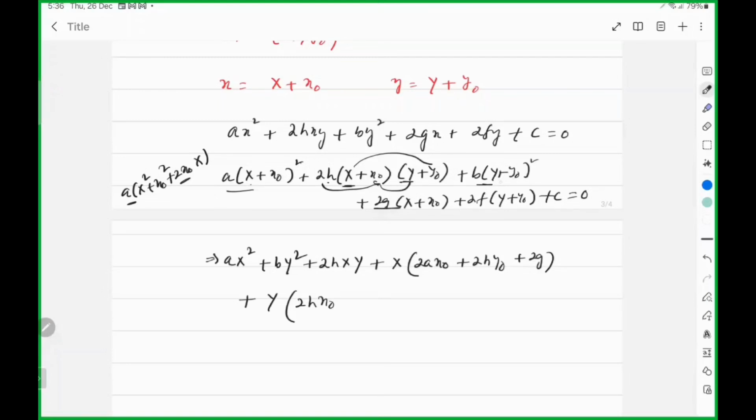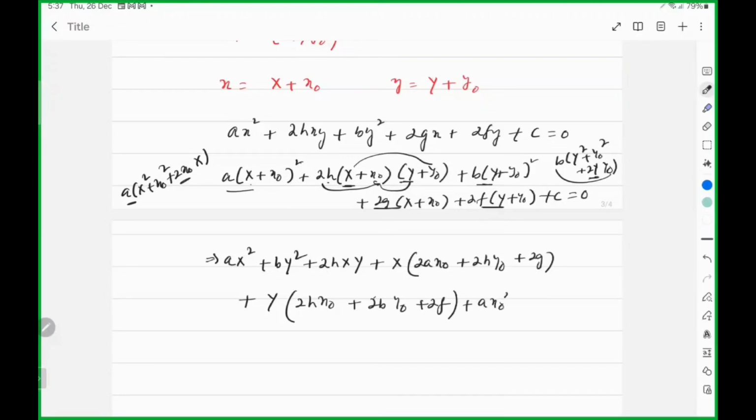Here, once you expand it, the middle term will be Y square plus y naught square plus 2Y y naught. The Y coefficient will be 2b y naught. Here you have Y coefficient 2f.